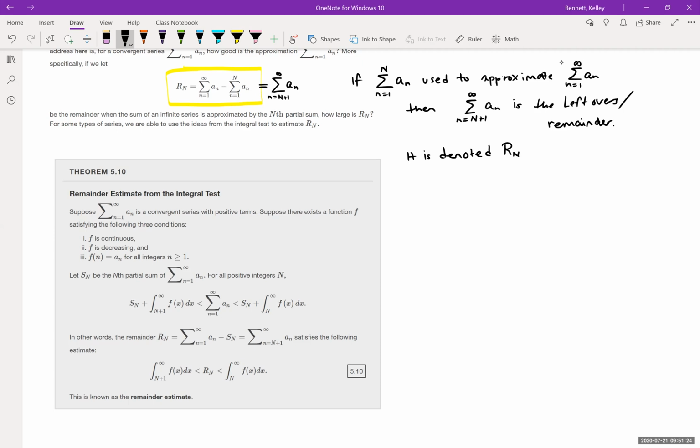And then we let S sub n be the nth partial sum, remembering that S sub n is just the first n terms.